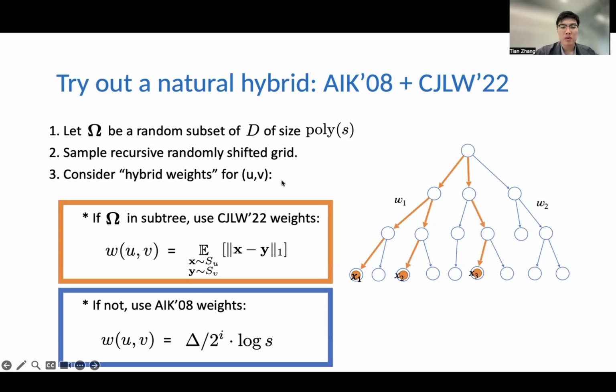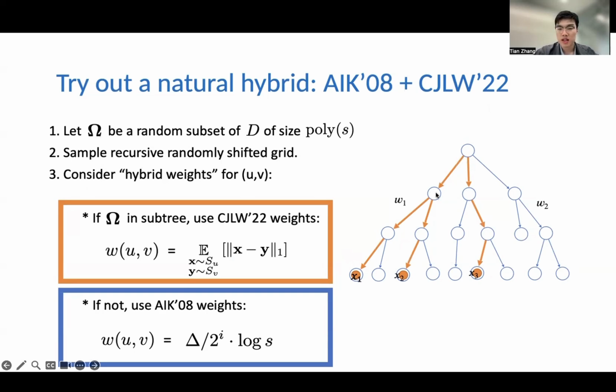In the last step, we're gonna set the edge weights. So I'm gonna explain how we set the edge weights in this diagram. So imagine x1, x2, x3 are in the random sample omega.